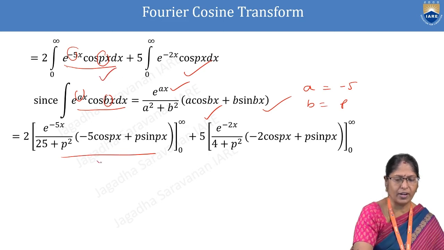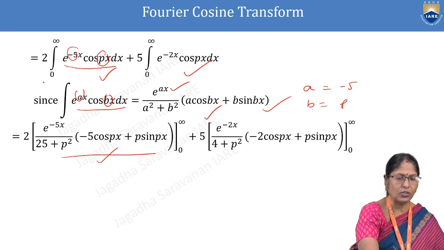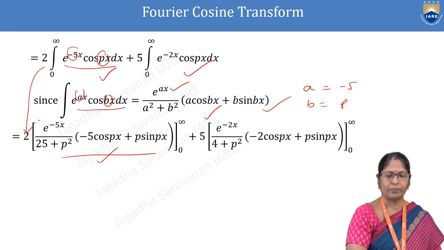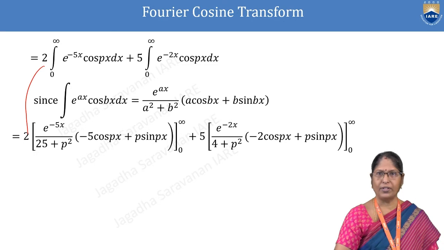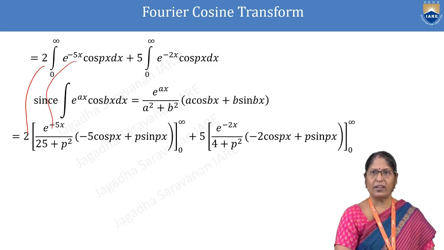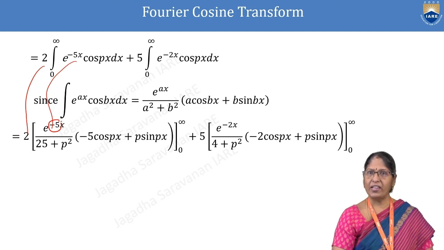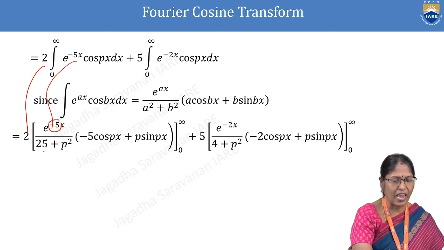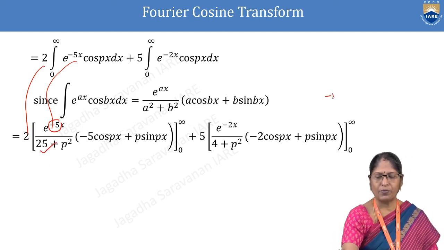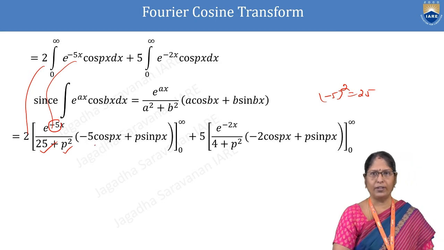The first integral solution is 2 into, this 2 is kept as it is, e power ax. Our a is minus 5. A square, that is minus 5 the whole square, equal to 25, plus p square.